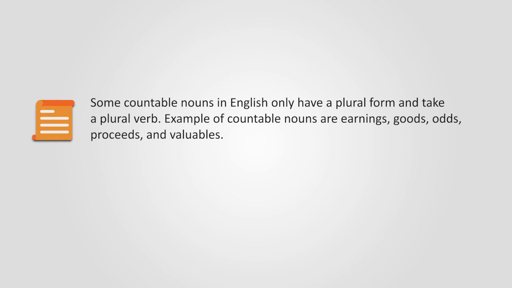9. Some countable nouns in English only have a plural form and take a plural verb. Example of countable nouns are earnings, goods, odds, proceeds, and valuables. Example: those earrings are nice. 10.